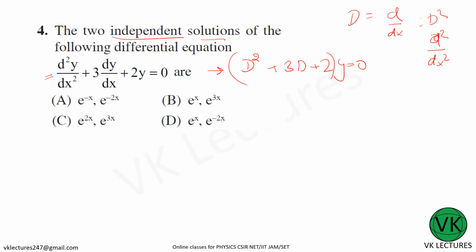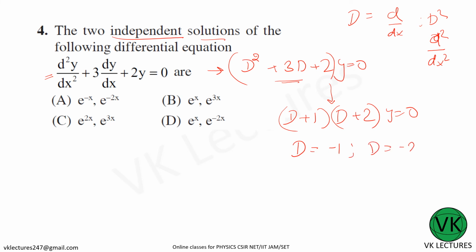Now this is a quadratic equation in d. We can split the middle term and write d plus 1 into d plus 2 times y equal to 0. So what is the value of d? d equal to minus 1 and d equal to minus 2. So what is y?